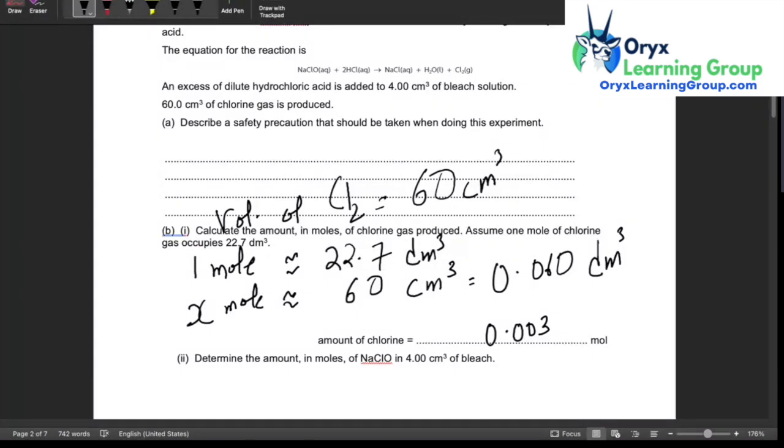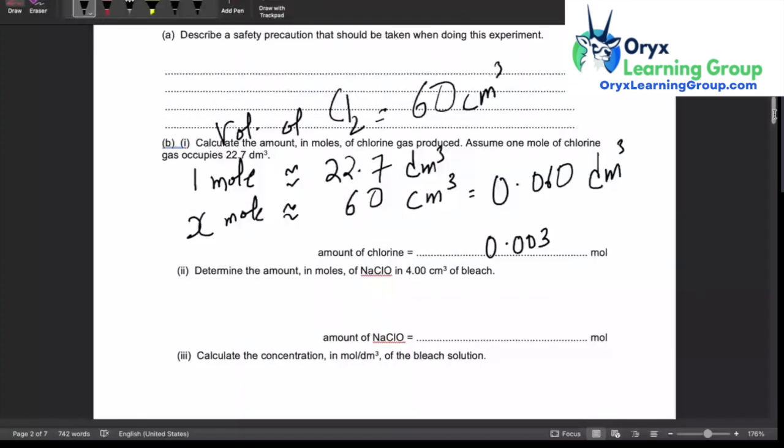So X times 22.7 is equal to 0.060, so X will be equal to 0.060 divided by 22.7. Are you clear with this? Yes. So you will get 0.003 moles. Again, you can write the same number of significant figures in your answer, so it will be 0.003. Okay, good. Let's go to the next one. The next question is: determine the amount in moles of NaClO in 4 cm cubed of bleach.